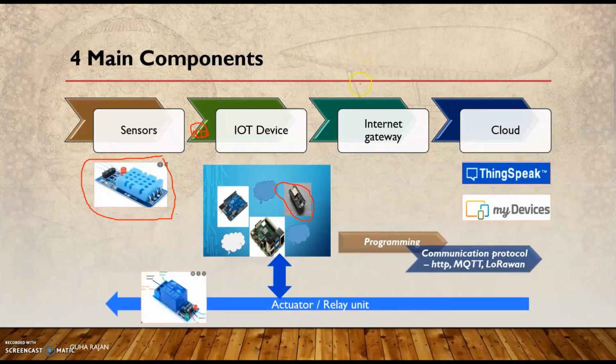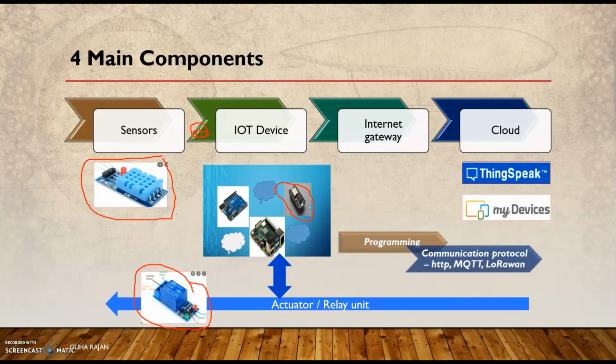And then, based on the temperature signal, if you want to control something, you will need to have a relay unit. A relay unit is something like, if you want the AC to be switched on based on the temperature, then you need a relay unit. It is connected to a port in the IoT device, which will trigger that switch, and again, that's a technical part. Relay is some kind of an on-off switch. Manually you would be switching on or off a light or fan.